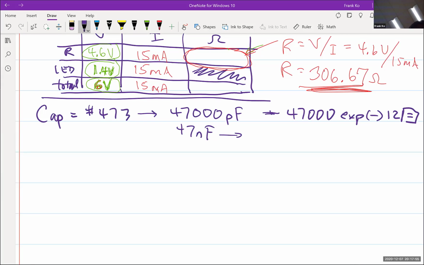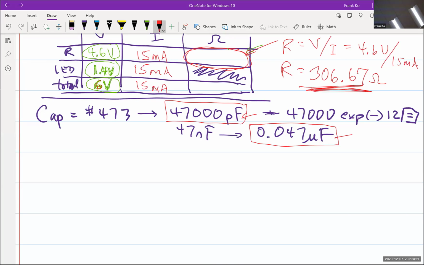So in microfarads, it works out to be 0.047 microfarads. Is that correct? Technically either 0.047 microfarads or 47,000 picofarads is accurate for standard. Yes, either one is appropriate, because picofarads and microfarads are the standard increments, and also farads. Those are the standard increments for capacitors.